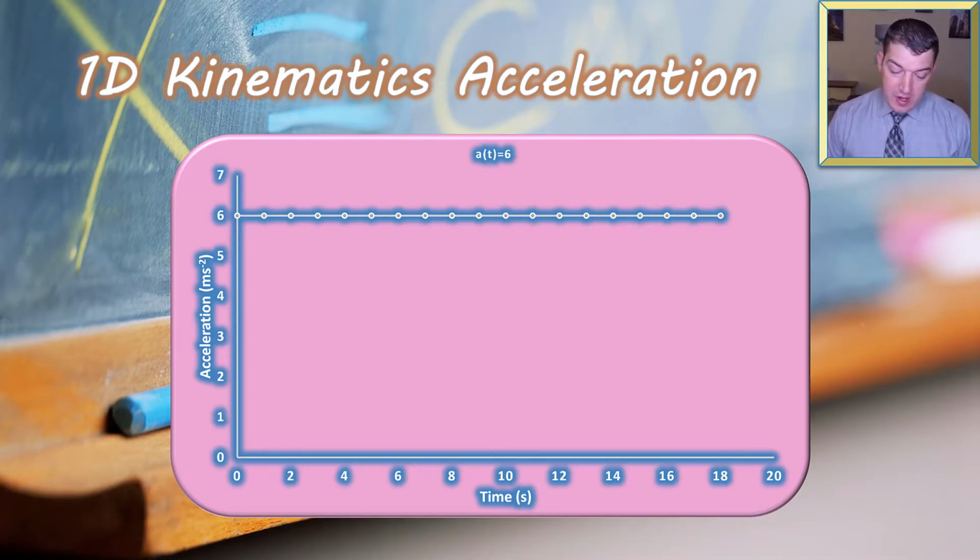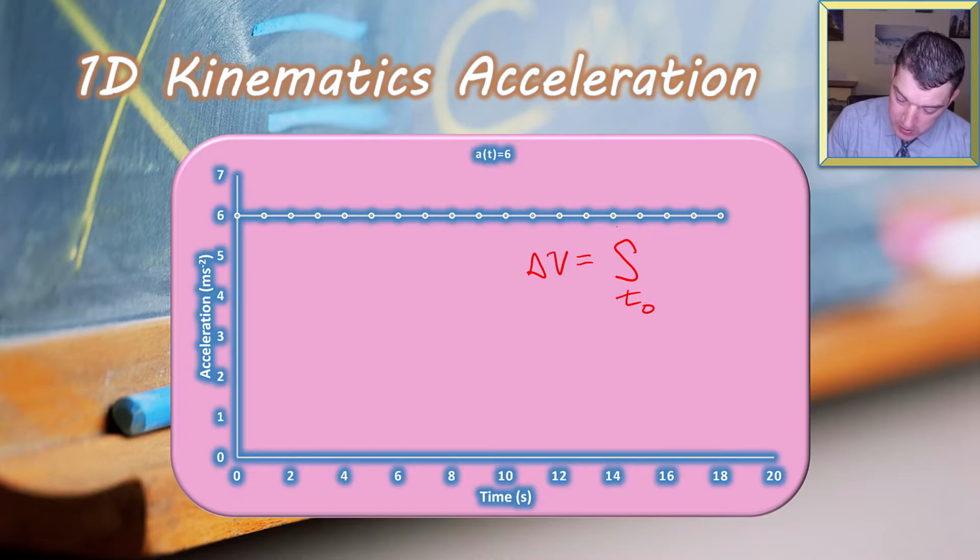When we're looking at this graph, again, we can look at the area under the curve pretty easily and see that it's rectangular if we're looking for our change in velocity. Or we can recognize that the integral of the acceleration with respect to time is our velocity. If we're looking at our change in velocity, that's going to be equal to the integral of our acceleration with respect to time.